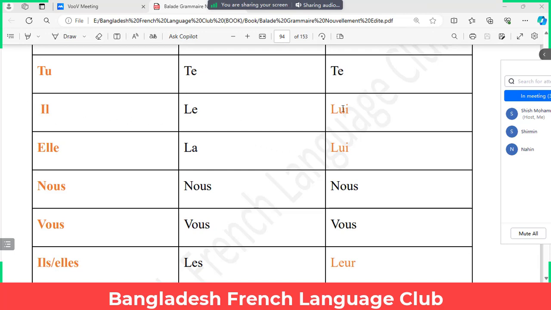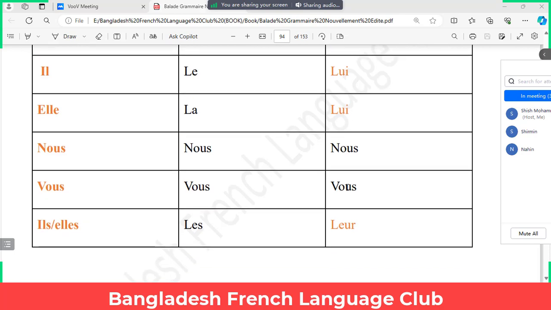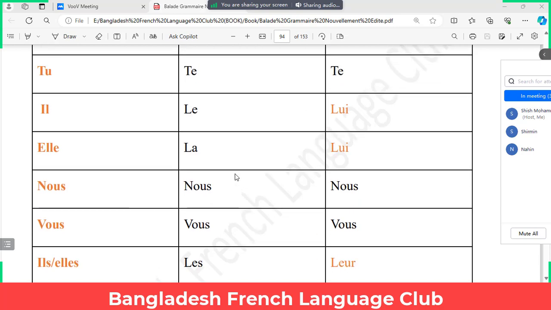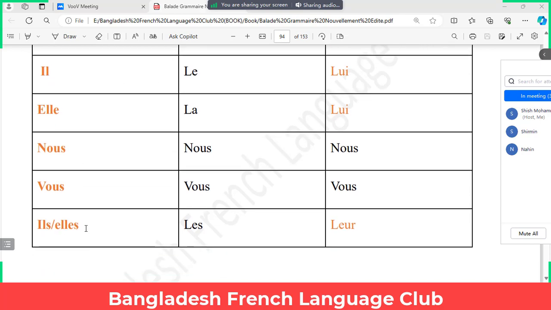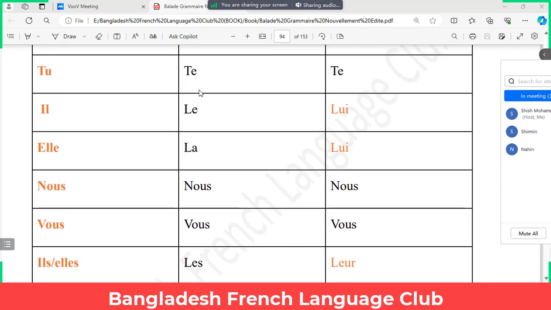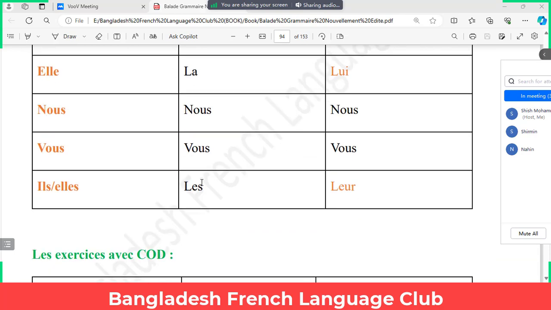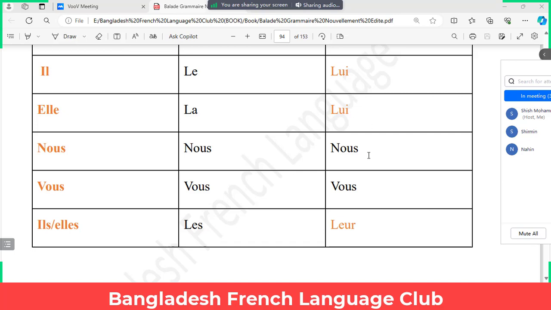So il is lui, elle is also lui, they are the same, and for ils, elles, it's leur. So we just need to remember these three. For direct object complement, it's le, la, and les, and for indirect, lui, lui, leur.